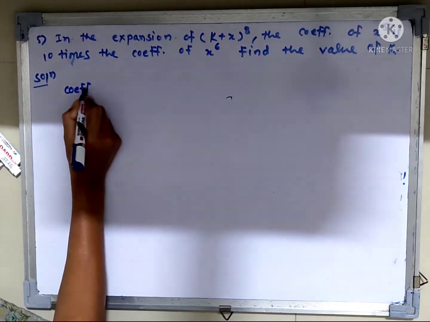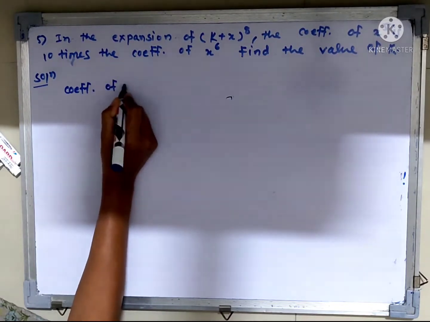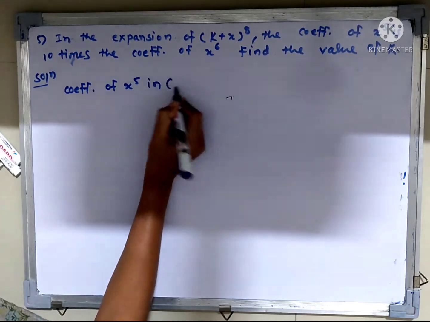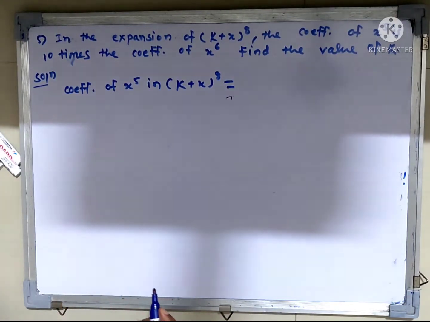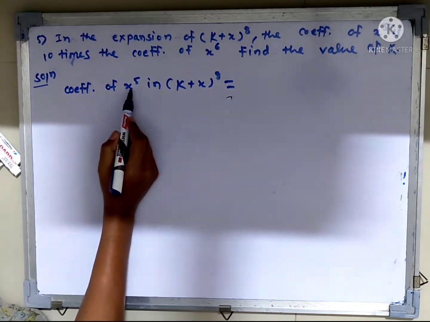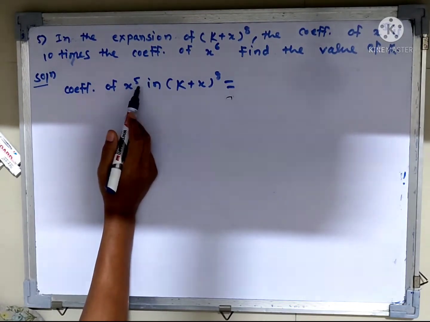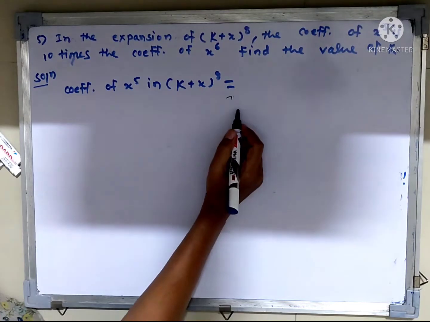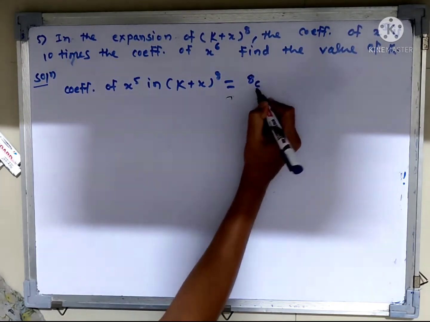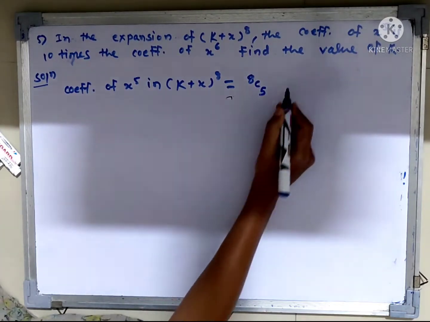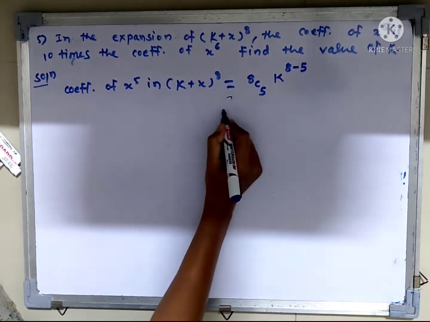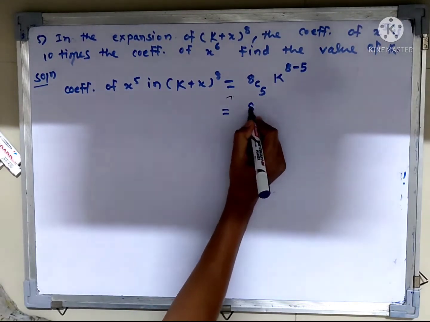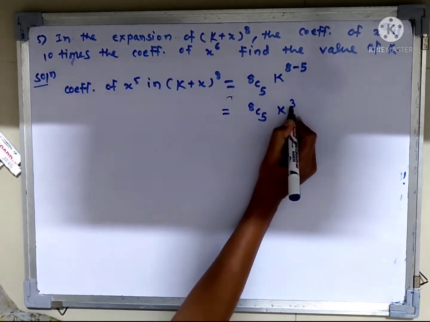According to the given thing, the coefficient of x raised to 5 in (k plus x) raised to 8 is 8c5 into k raised to 8 minus 5, which is equal to 8c5 k raised to 3.